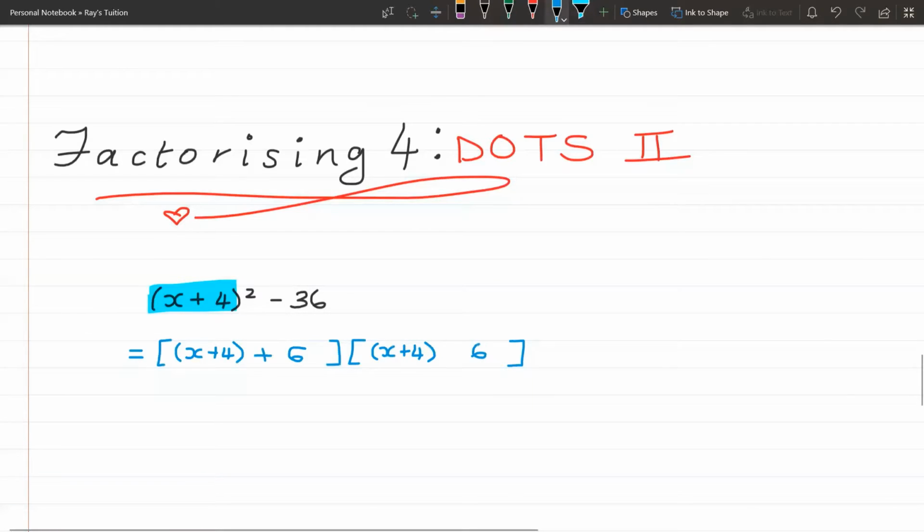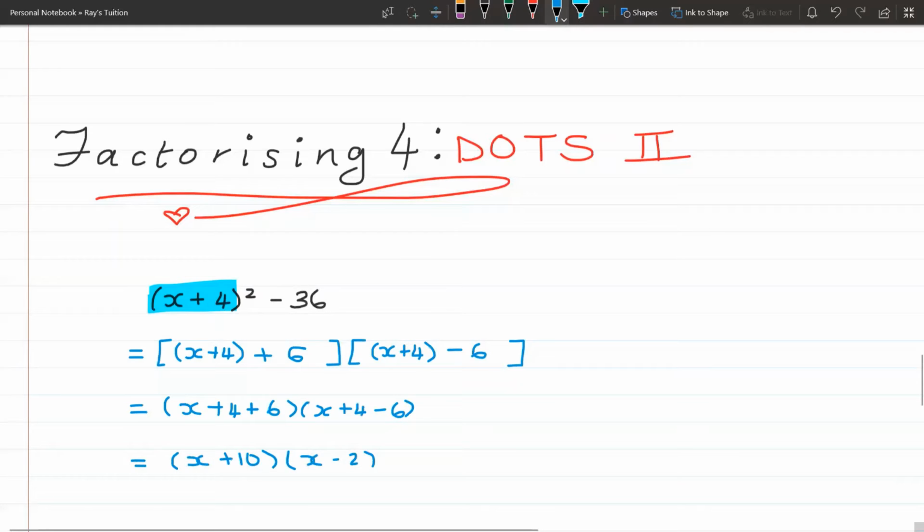And then we put a plus and a minus. So you can see that the steps are exactly the same. So then we have [x + 4 + 6] times [x + 4 − 6]. And this finally simplifies to (x + 10)(x − 2).